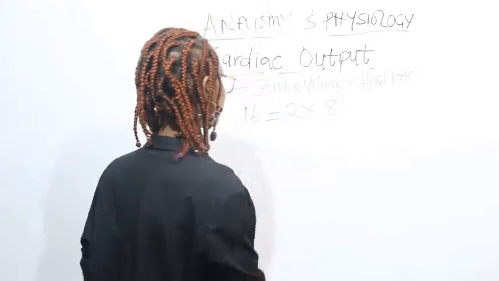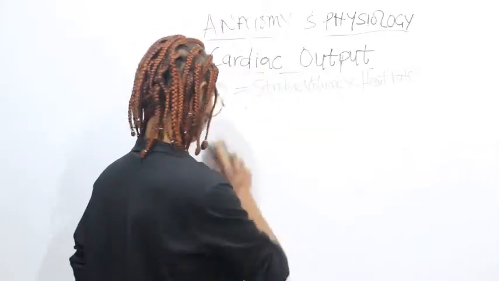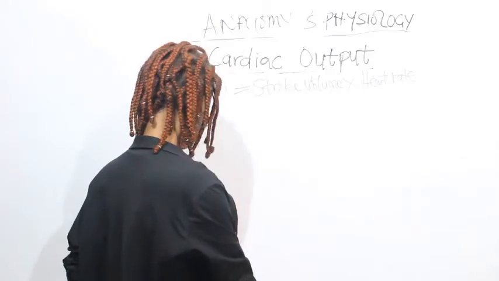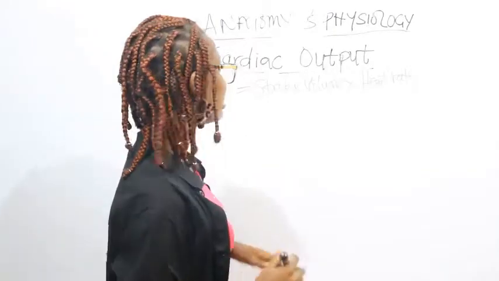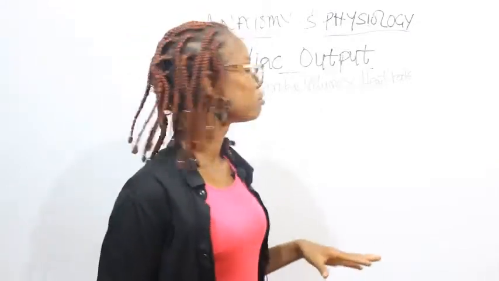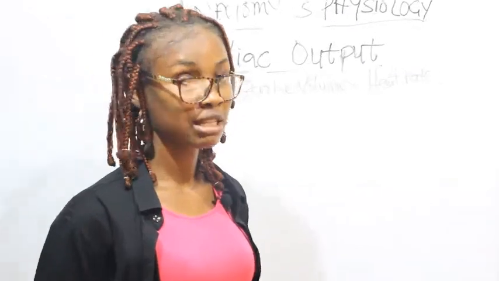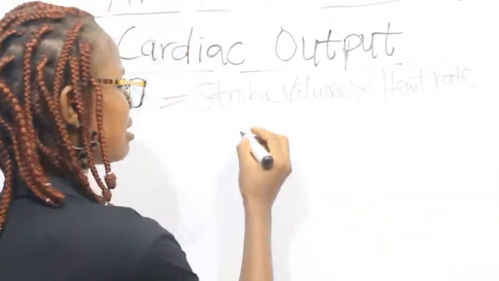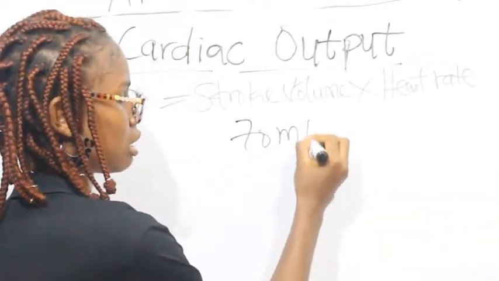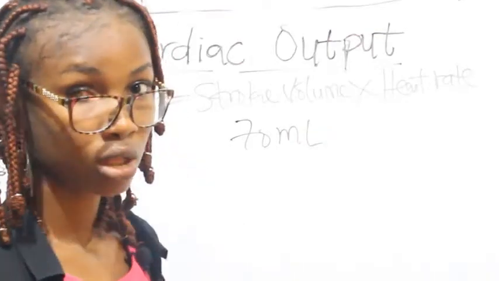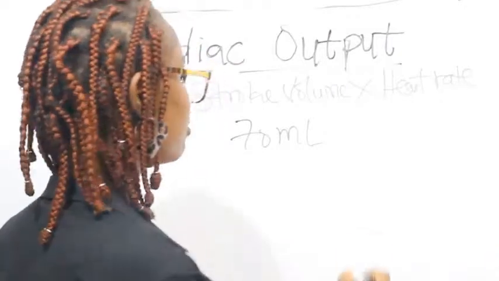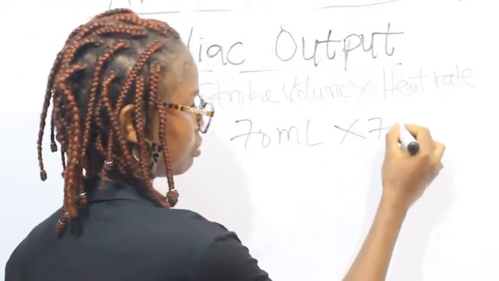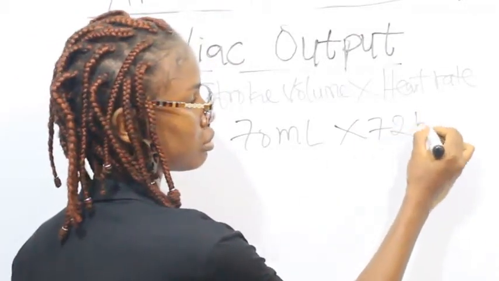Okay, let's use the stroke volume on adults at rest, which is about 70 milliliters. And the heart rate is about 72 beats per minute.